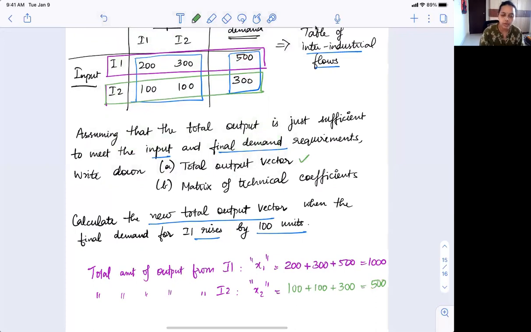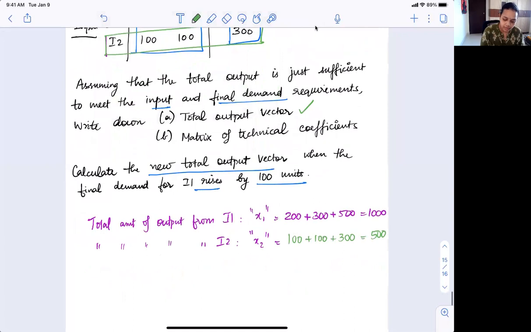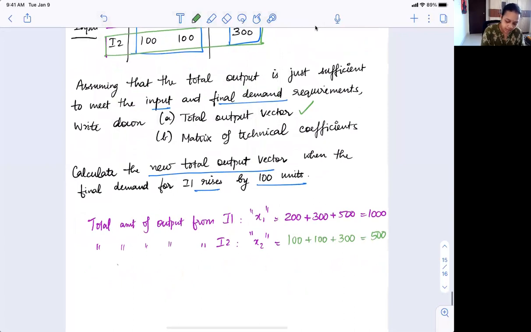So we now have the total output vector. The matrix X, which is X1, X2, is just given by 1000 and 500.